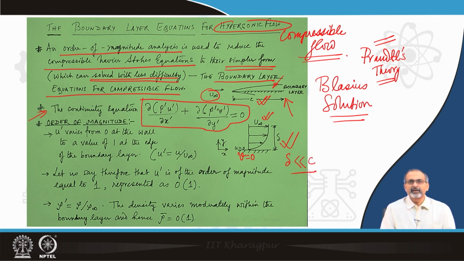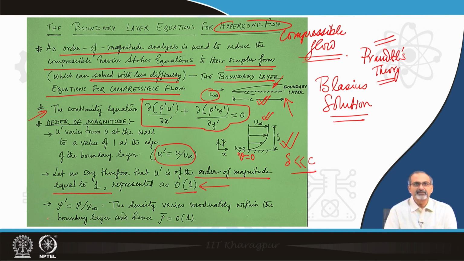And going ahead with the order of magnitude analysis of this continuity equation, we need to take note of a few points. The u dash, which is nothing but u by u infinity, varies from 0 at the wall to a value of 1 at the edge of the boundary layer, and therefore, we can call it as having an order of magnitude equal to 1, which is represented with a nomenclature like this.